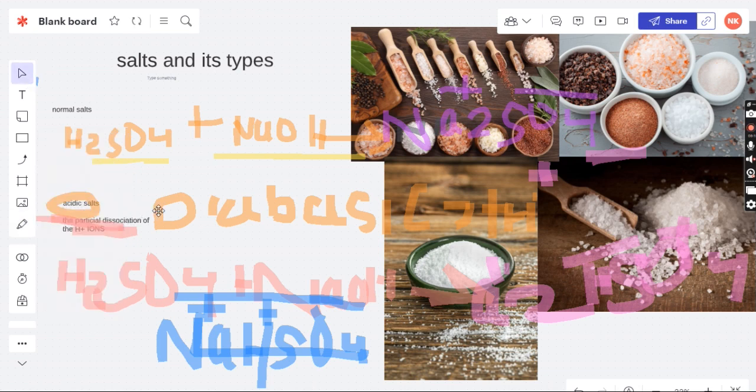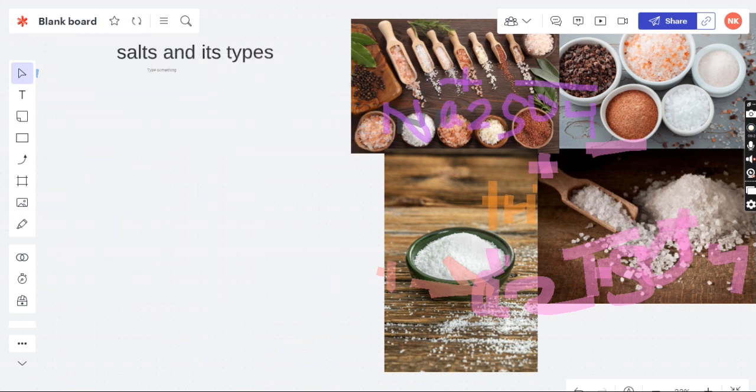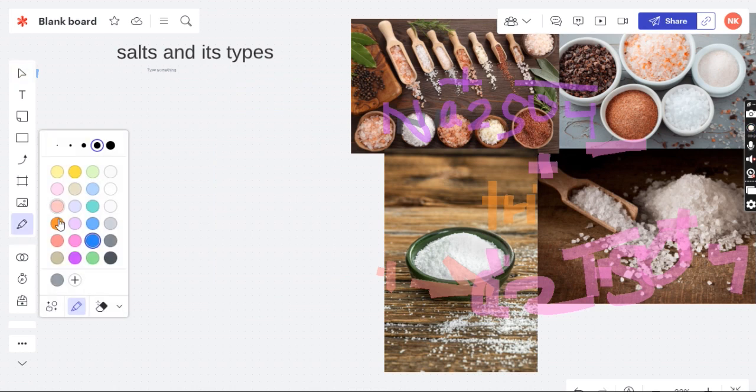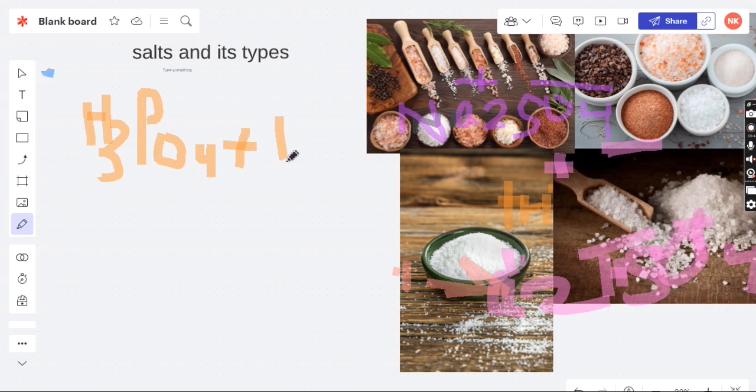Let's take one more example for describing it. The other salt, for example, H3PO4, phosphoric acid. It's a weak acid. H3PO4 combines with, for example, another base such as KOH, potassium hydroxide.